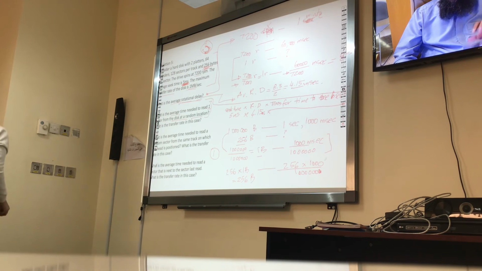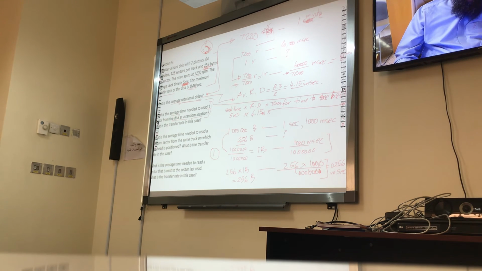This is the time it will take to transfer 256 bytes. 3 zeros will cancel with 3 zeros, so 0.256 millisecond will be needed to transfer this many bytes. This is my transfer time to transfer one sector.